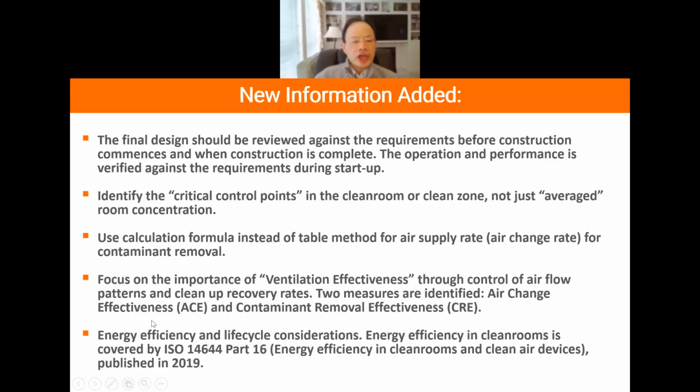One is the air change effectiveness, ACE. The other is the contaminant removal effectiveness, CRE. So in this new ISO standard, you have these two new ventilation indexes, which will be used as a correction factor when you calculate the air change rate requirement or air supply rate requirement.